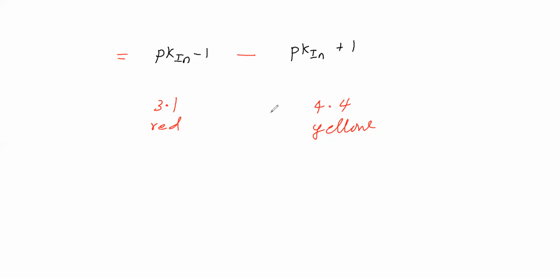You may ask that the difference here is 2 only, but do we get exactly 2? We are not getting. Whatever indicator you take, it will not be exactly 2, more or less only. Therefore, we take it like that.